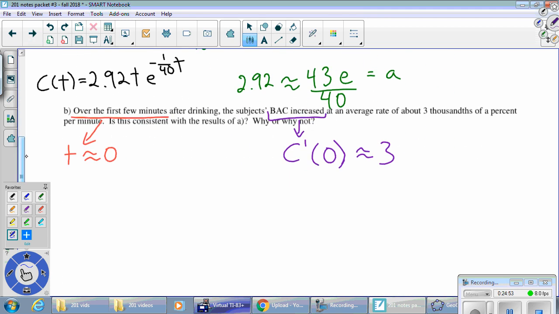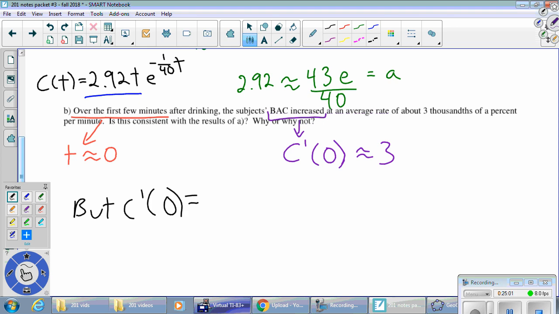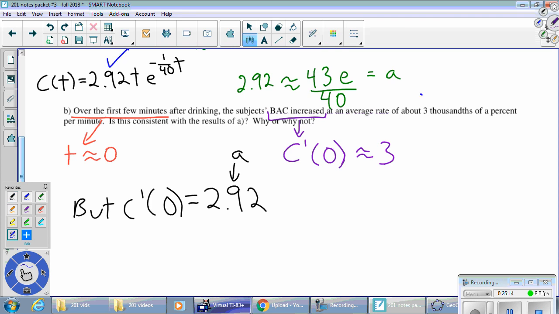So according to our work from earlier in this project, C prime of 0 for the function that we came up with is the 2.92. It's A. And so does the 0.003 of a percent make sense? Is it consistent with the results of the function we came up with? Yeah, we predicted 2.92. I mean, they're saying the right answer is 3. Our model is not that far off from the right answer. Should have been 3, and we got 2.92. So I'll just say that this is close to 3.